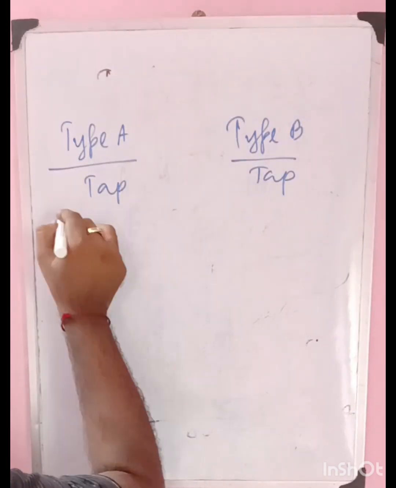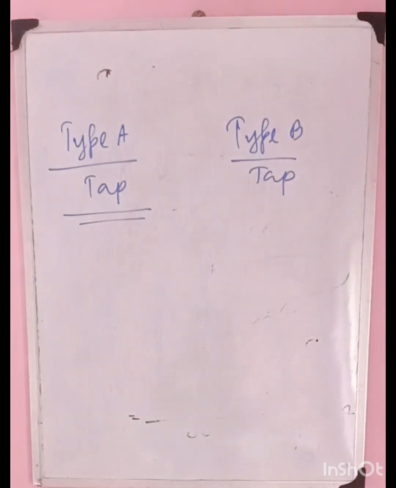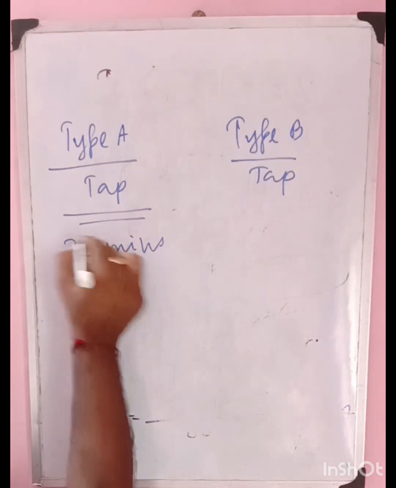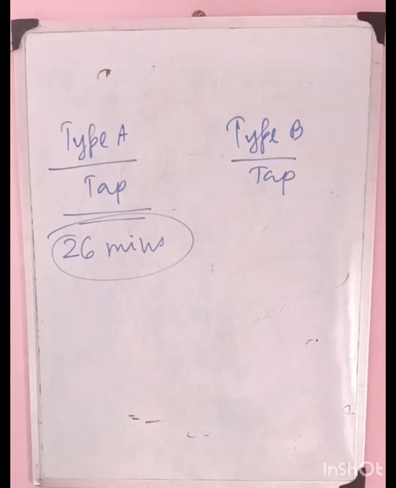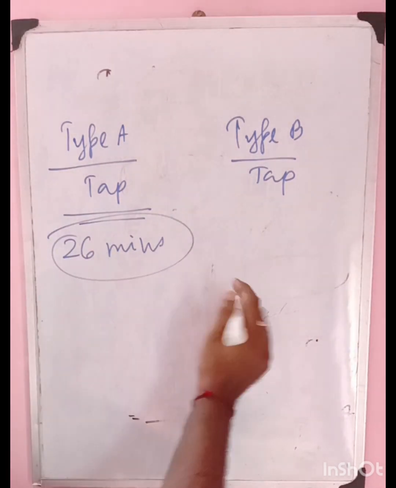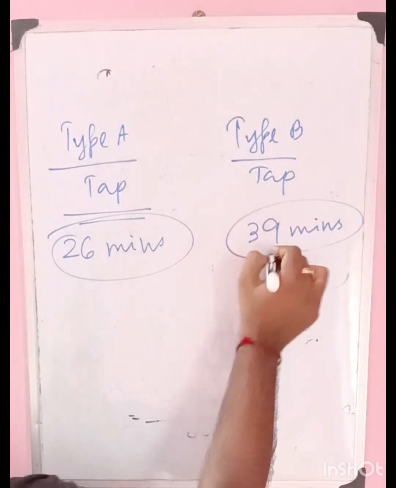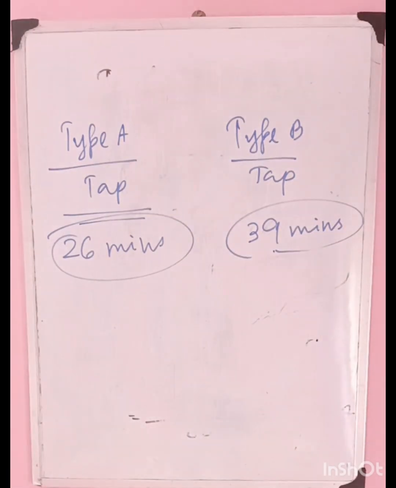Okay. Now this type A tap takes 26 minutes to fill a tank, and this type B tap takes 39 minutes to fill that same tank.